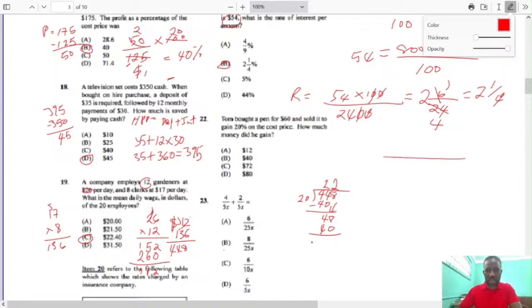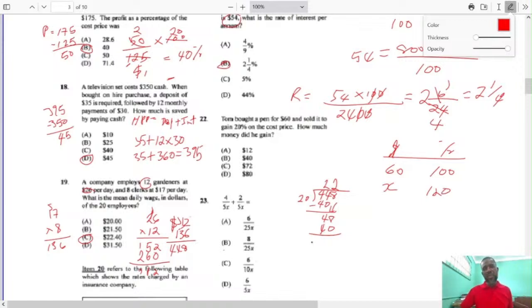The cost price, which is $60, we will assign that 100%. We don't know what the selling price was, we just know that he sold it to gain a profit of 20%. So therefore we're going to assign it as 120.